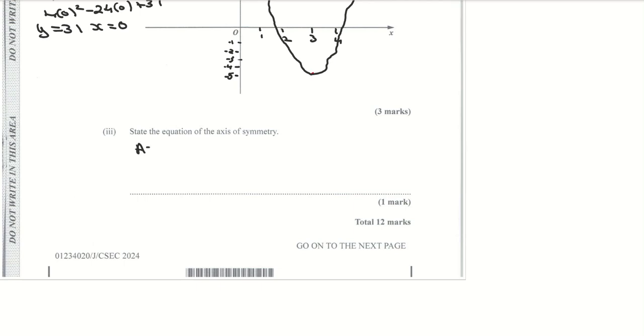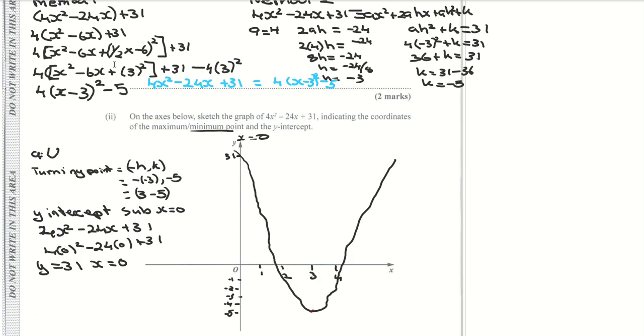My axis of symmetry is x equal to negative h. So x would be equal to negative, what is h? H was negative 3, I believe. Negative 3. So my axis of symmetry, x is equal to 3.